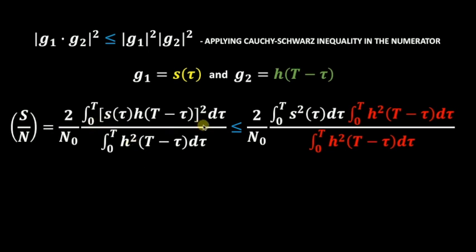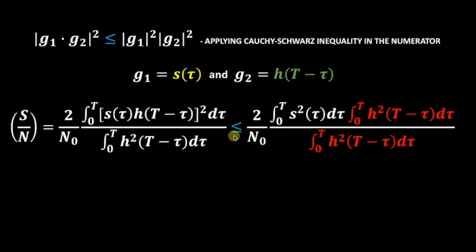As you can see here, this term somewhat resembles this given term. This represents the dot product, and then the magnitude square of these two signals. Using the Cauchy-Schwarz inequality, this term here will always be less than or equal to this term.